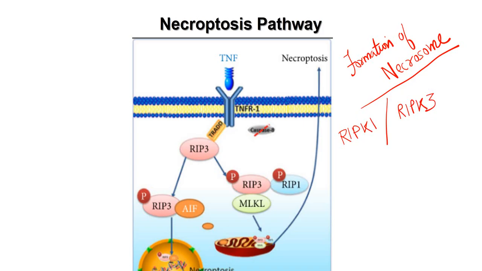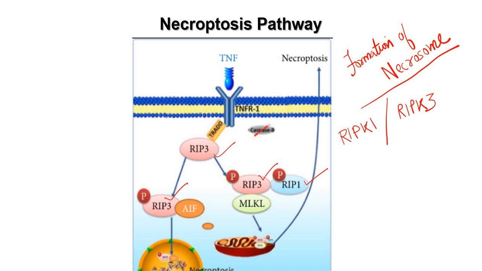If you see the diagram, that's RIP kinase 1 and this is RIPK3.